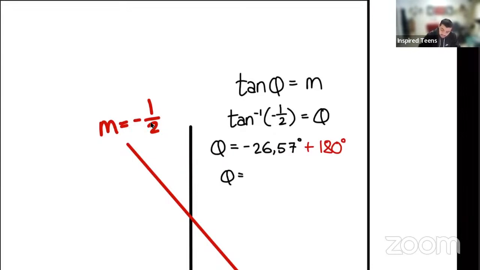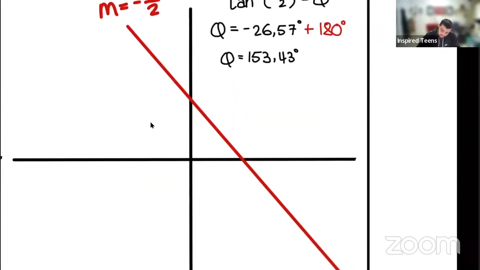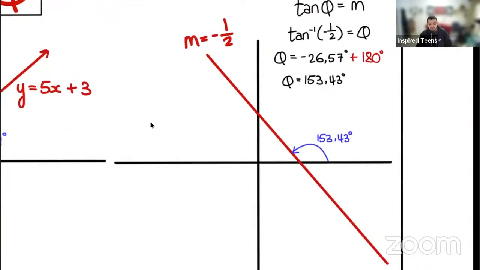Because we're working with the angle of inclination. It's 153.43. So this angle of inclination from the right with the x-axis is 153.43. Okay, so that's the angle of inclination.